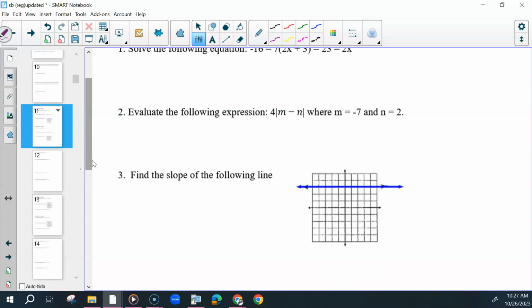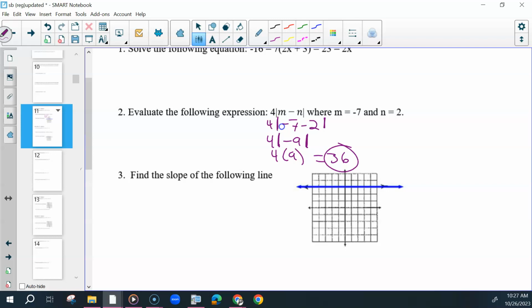Okay, for number 2, you needed to evaluate. Remember that absolute value evaluating is different than solving. With evaluating, you would put these in here, -7, -2, and do what's on the inside first. Make this a positive. How did you make it a positive? It's just the rules of absolute value.